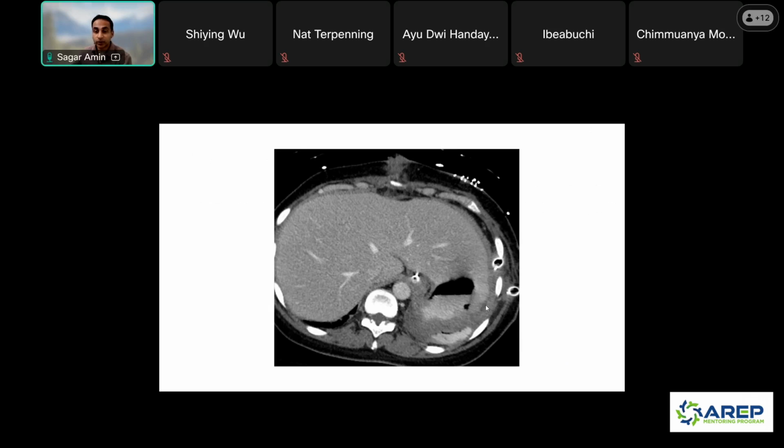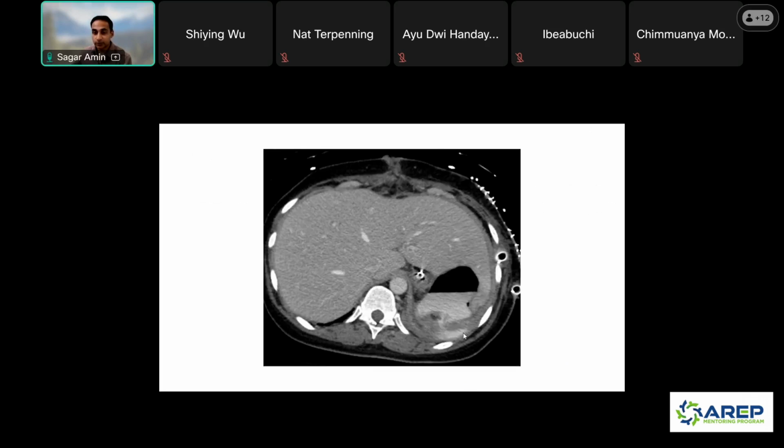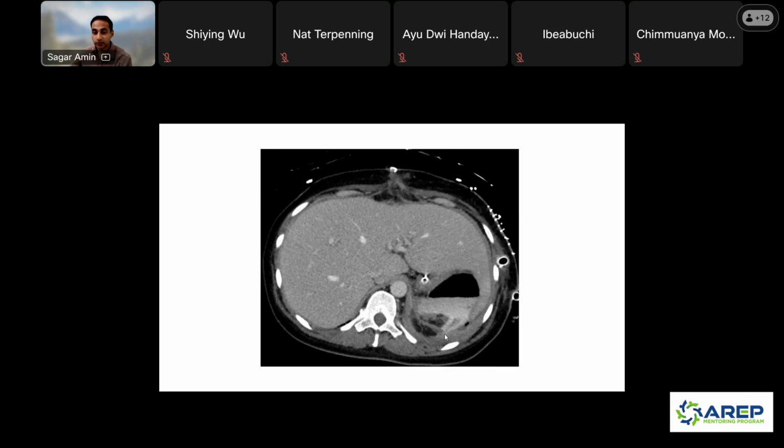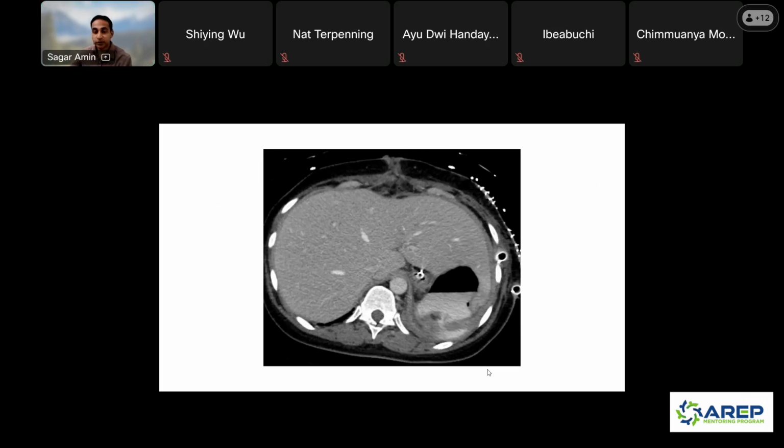So this is an example of a patient who had trauma and they had a repair. And you'll notice that this is the stomach, this is the pleural space, and then there's contrast here in the pleural space. And here you can see that the contrast from the stomach is spilling into the pleural space.